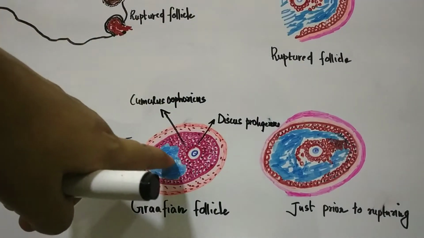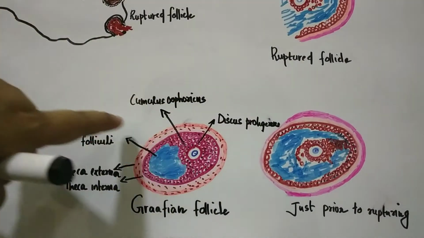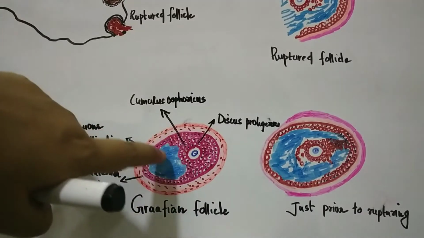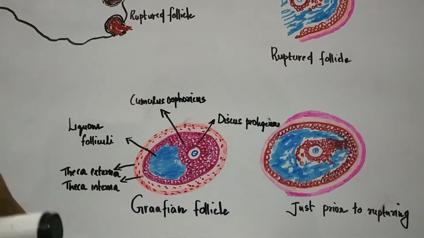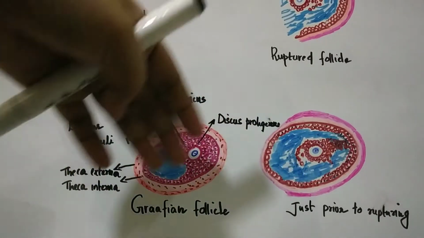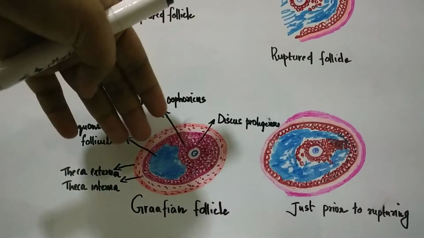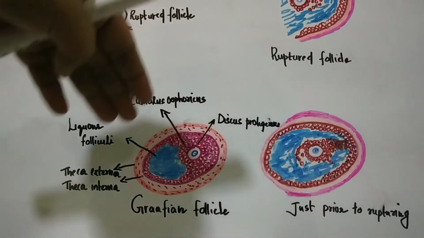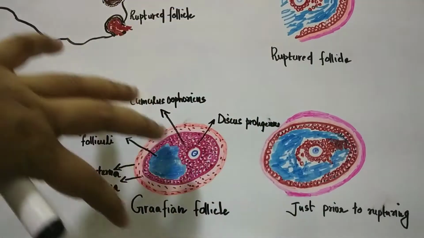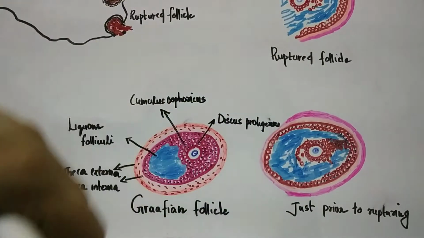Next is the follicular antrum, the fluid-filled cavity, filled by the liquor folliculi. The stromal cells around it condense to form the theca interna, and the fibrous tissues condense to form the theca externa. So this is a mature Graafian follicle.